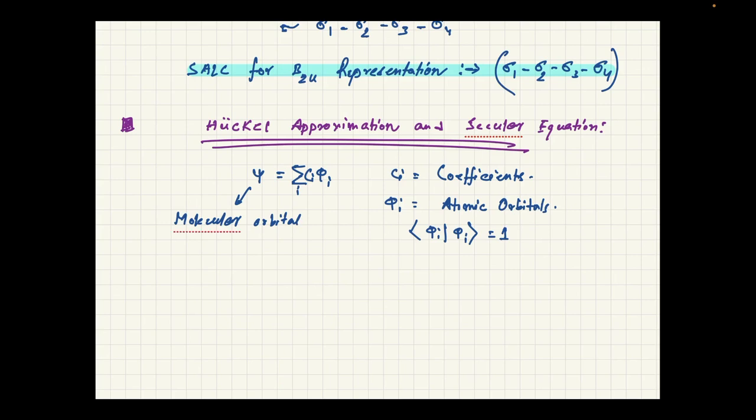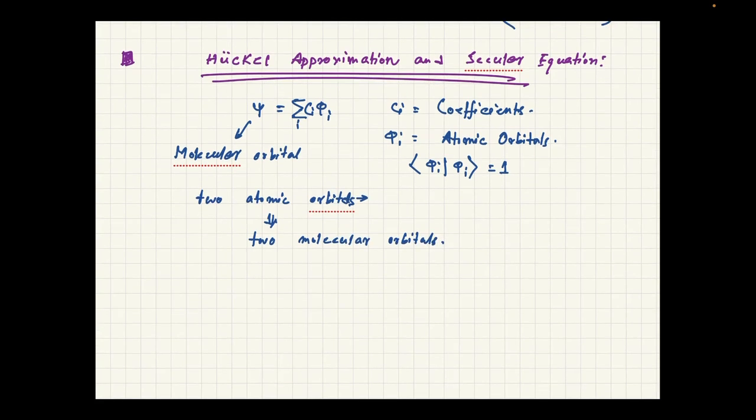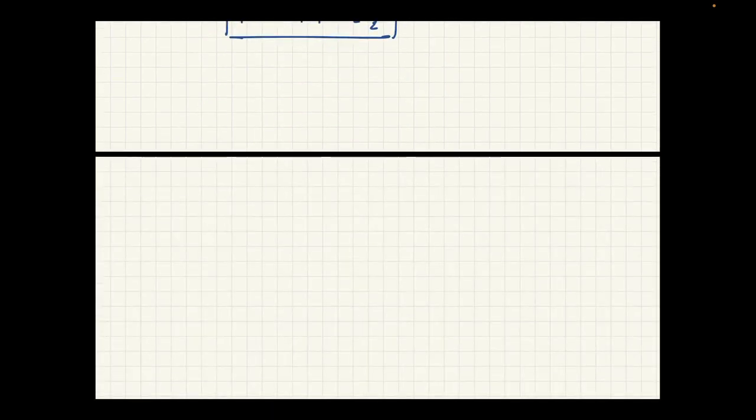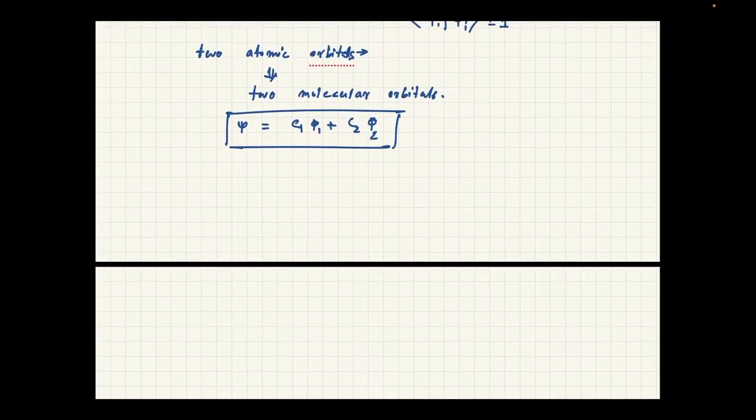If we use two atomic orbitals, then you will get two molecular orbitals. So let's say psi will be basically C1 phi 1 plus C2 phi 2, and the values of C1 and C2 you can compute by solving the secular determinant.